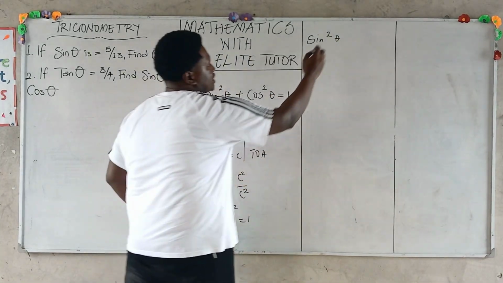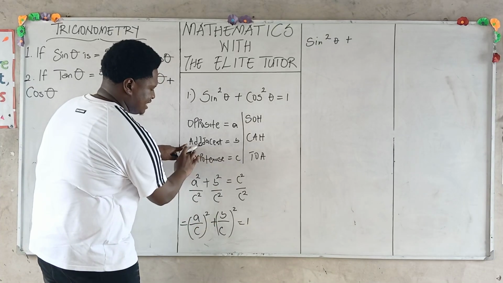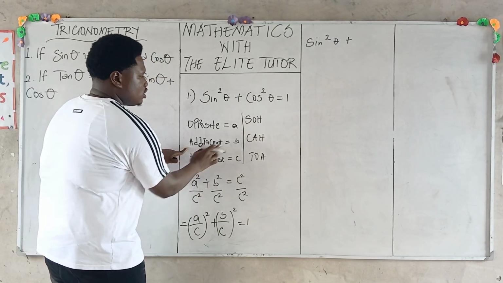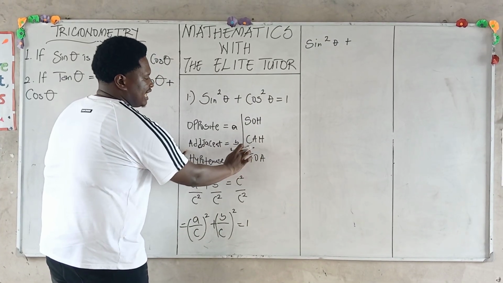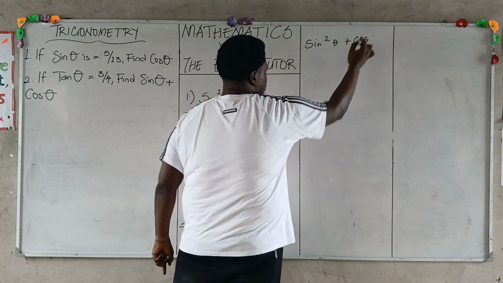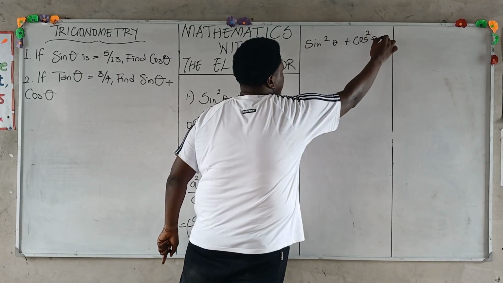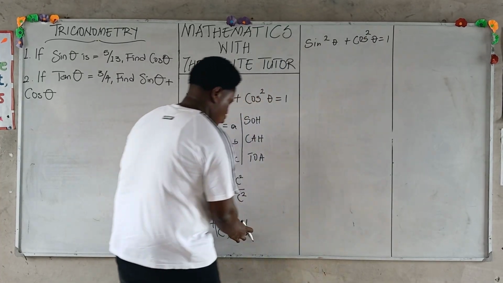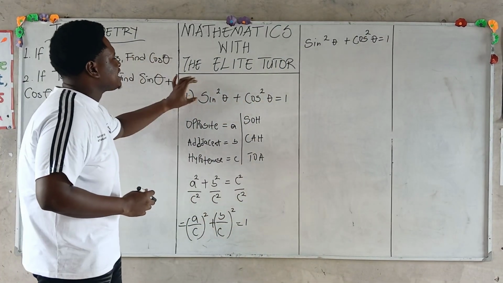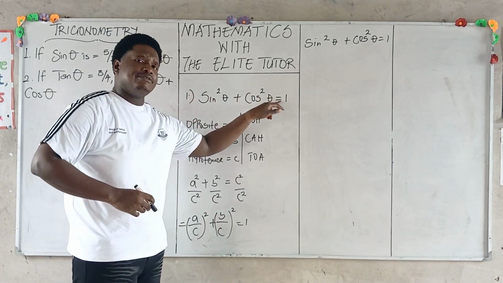Plus, our B is our adjacent and C is hypotenuse. What represents adjacent over hypotenuse? Which is our cos. Cos, don't forget your square, theta, which gives us 1. So therefore, sine squared theta plus cos squared theta gives us 1.